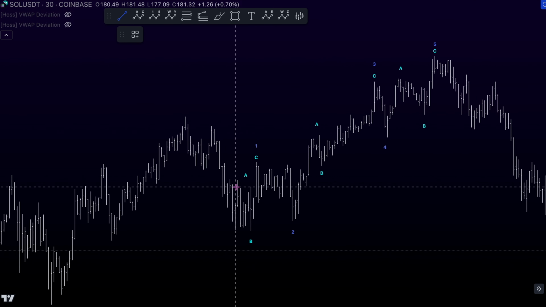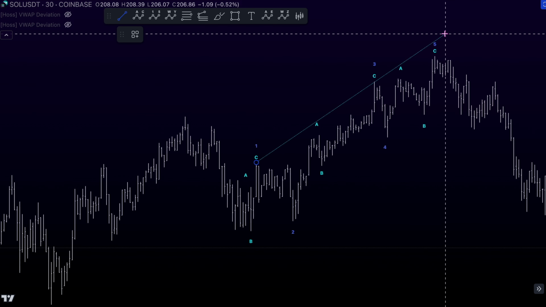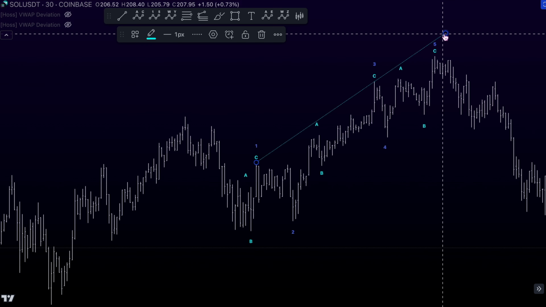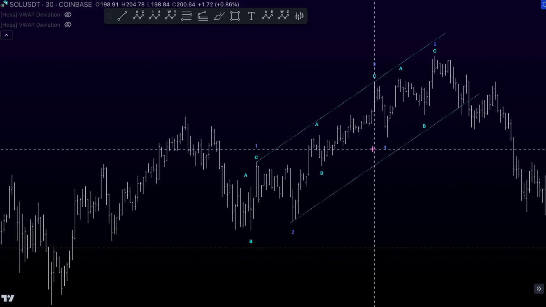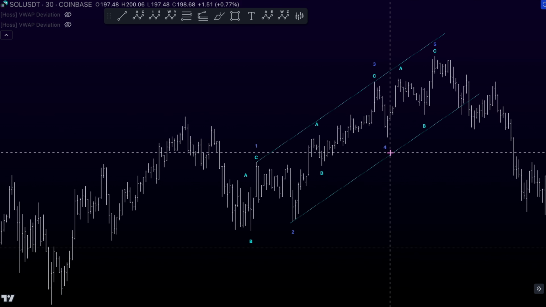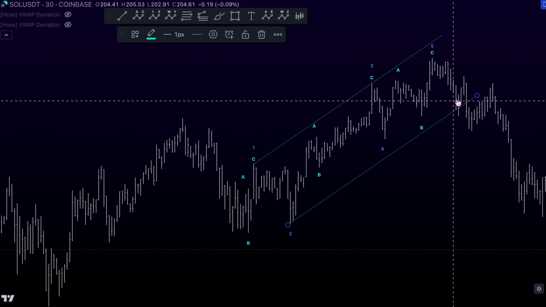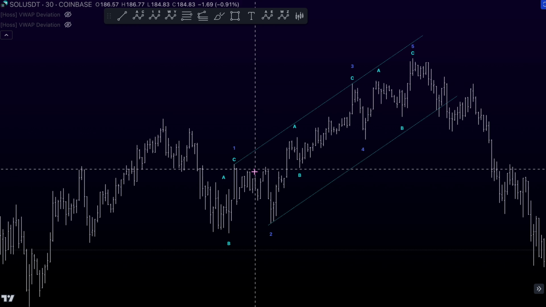If we now try to draw a trend channel, I'm going to the top of wave 1, going to wave 3. Yeah, so wave 4 is not as deep as it should be, or how the trend channel would like it to be. But you can see that it's very accurate.